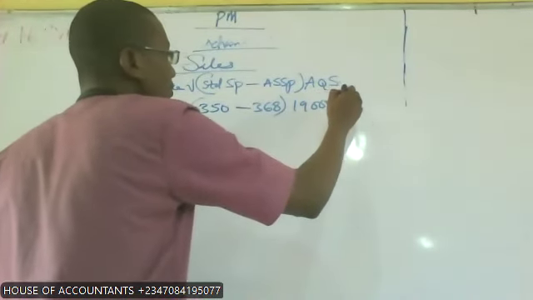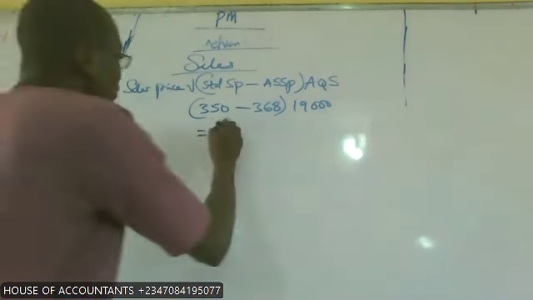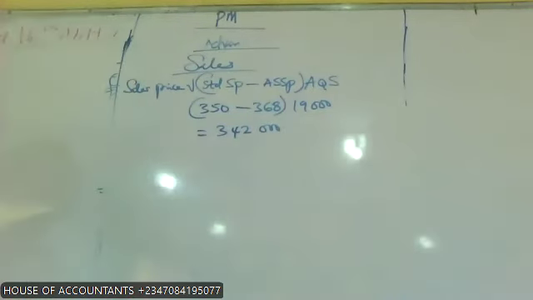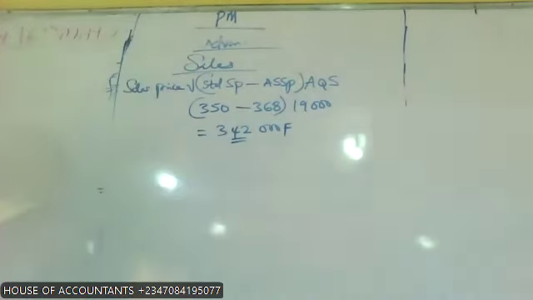So for the total, that will be 18 naira times 19,000. 342,000. Adverse or favorable? Favorable. That is what he has, because it's a simple variance. It's not more than this.